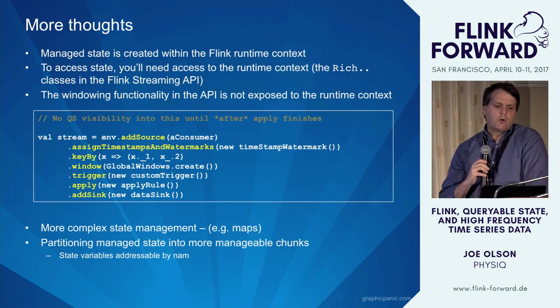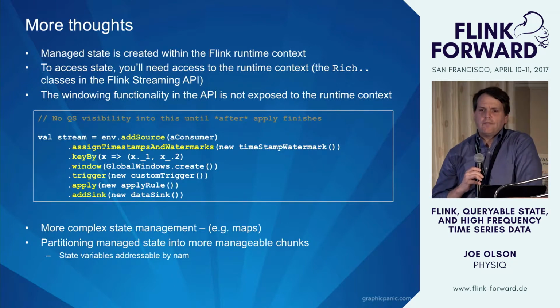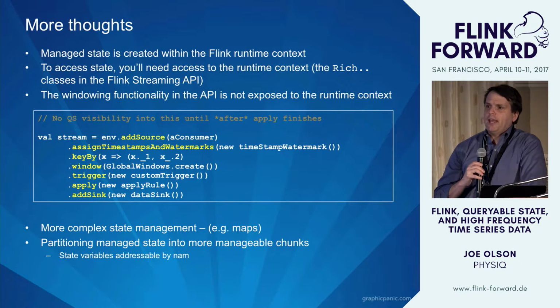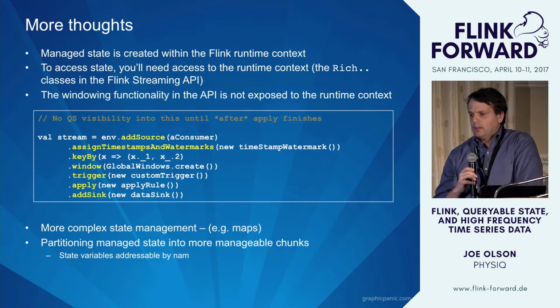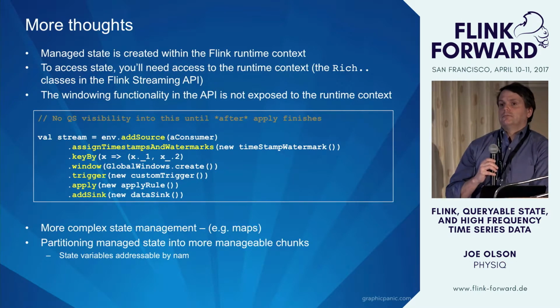The two notes at the bottom, more complex state management. So when I said initially you can have a list or you can have a value, that value might actually be like a hash map. You can have a hash map associated with state for, let's say, a data point.